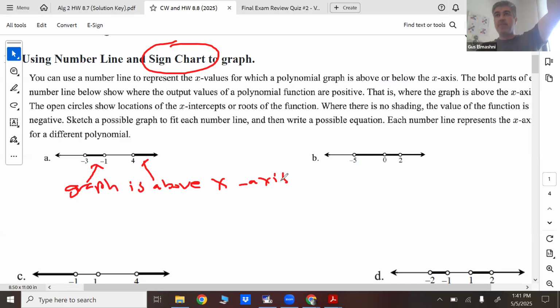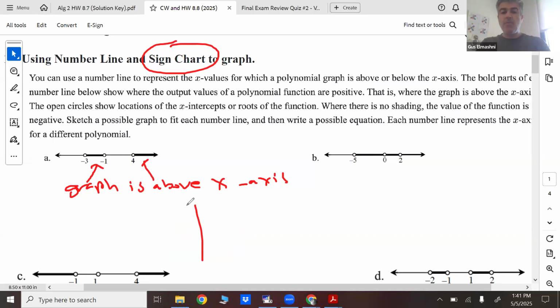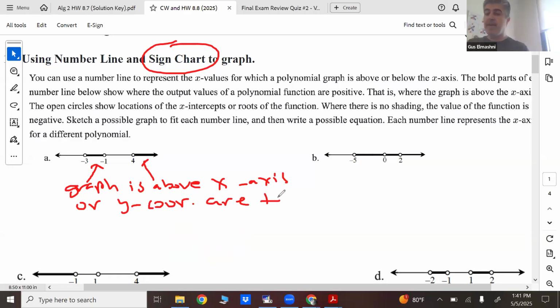If I had a graph that looked like this, they're positive, right? So clearly these portions have positive y coordinates. So when you see the shaded portion on the sign chart, the graph's above the x-axis, or the y coordinates are positive. Okay, so that's what that indicates.